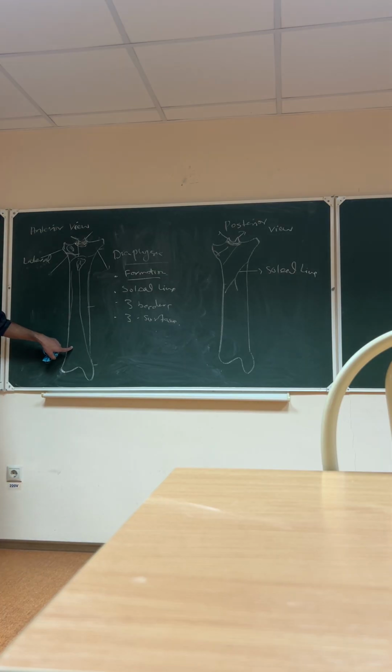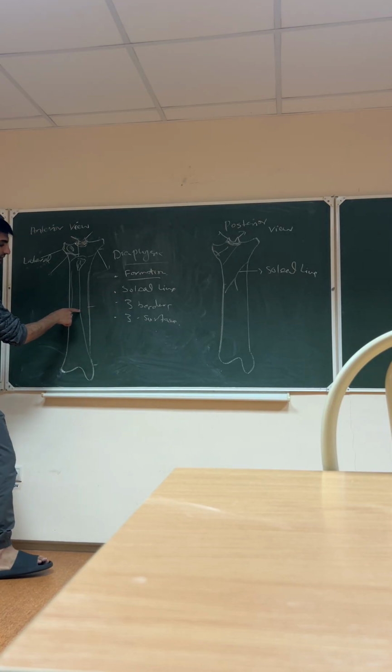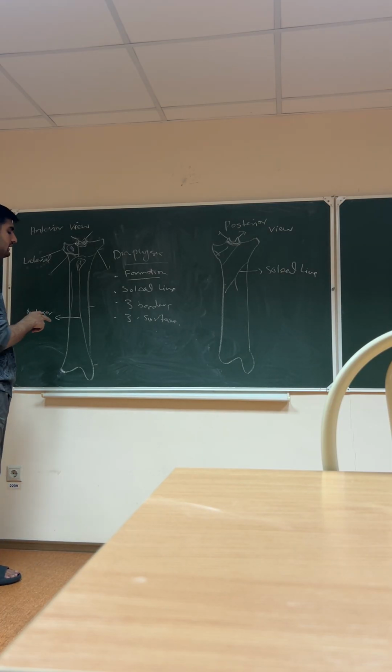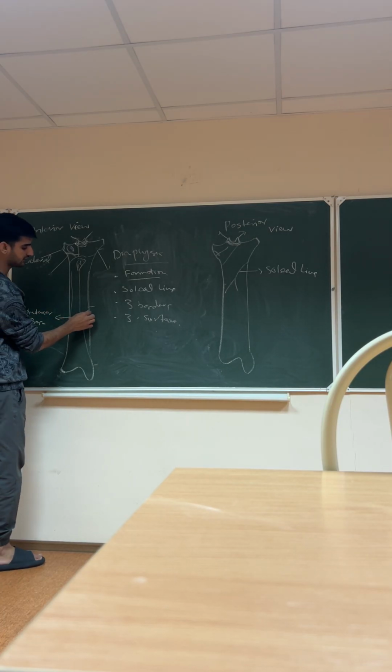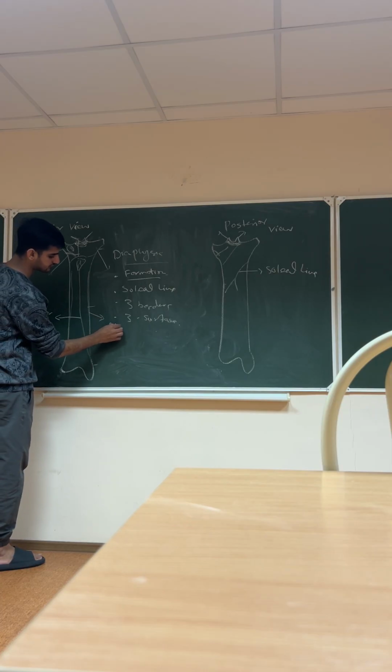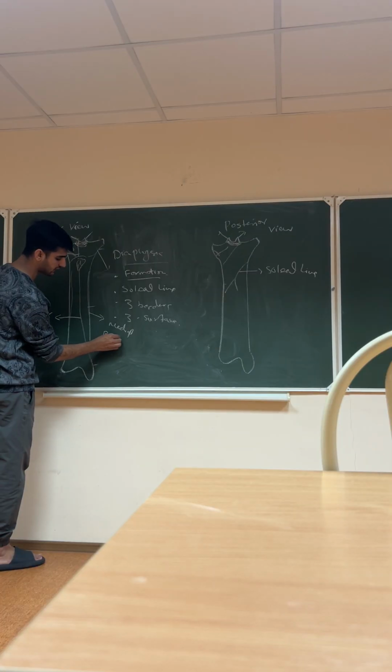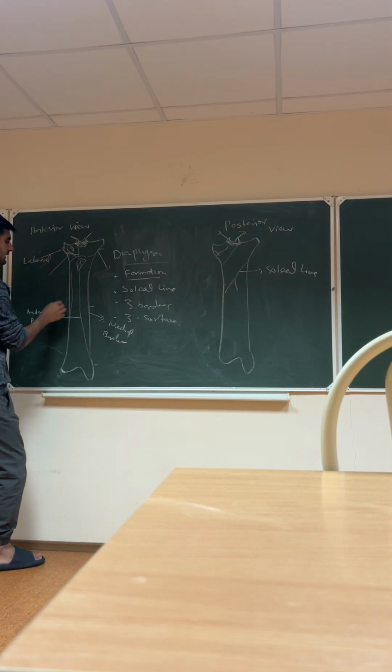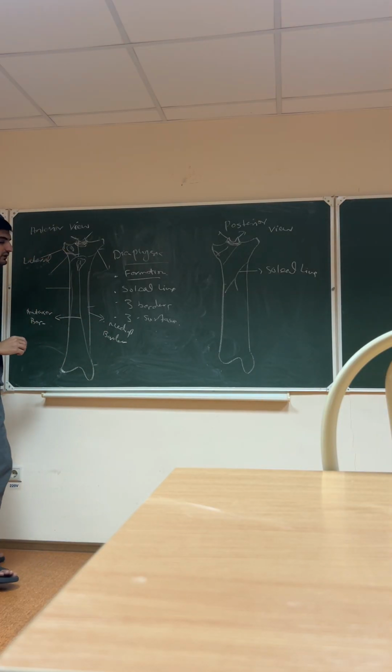This is the anterior and this is posterior. Now this is the anterior border, or margo anterior, margo in Latin. Okay, anterior border. This one is the medial border, because in the tibia bone we have a medial border. Don't forget. Okay. Medial border, and this one is an interosseous border.